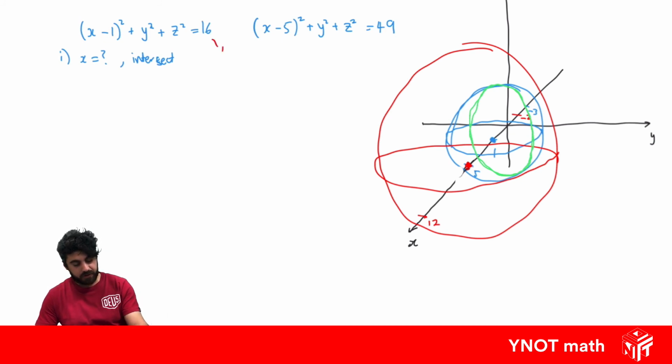So let's call this one equation 1 and this one equation 2. And we're going to do equation 2 minus equation 1. So we're going to get (x − 5)² − (x − 1)². Then y² − y² will be 0, z² − z² will be 0, and 49 − 16 on the right hand side is going to give us 33.